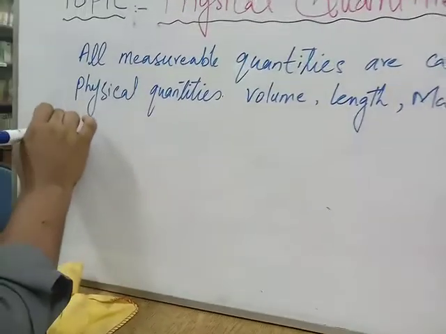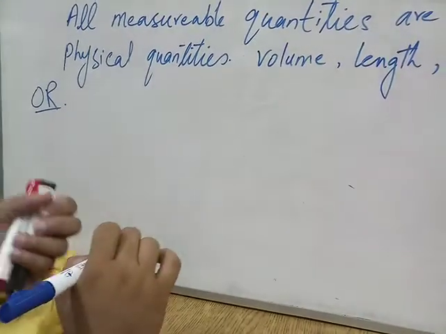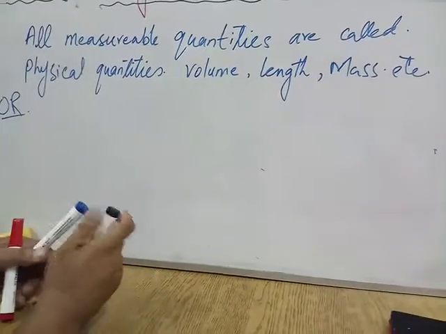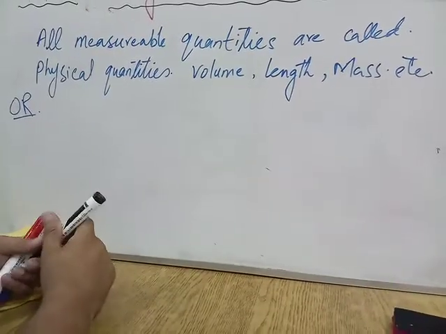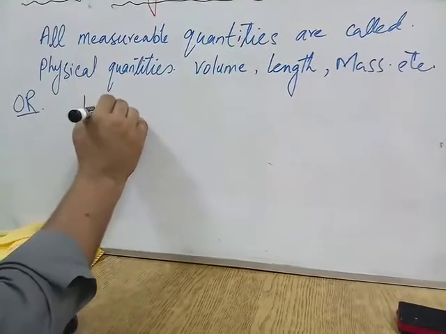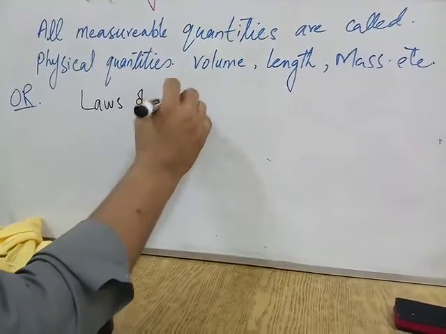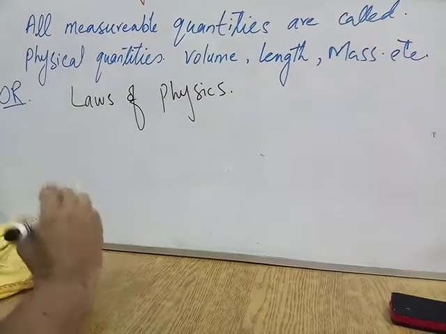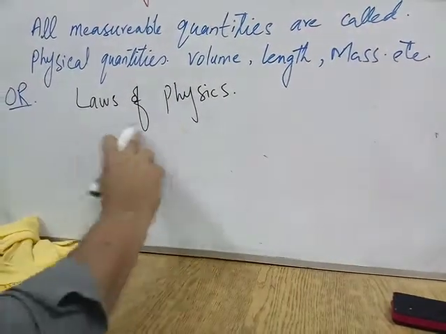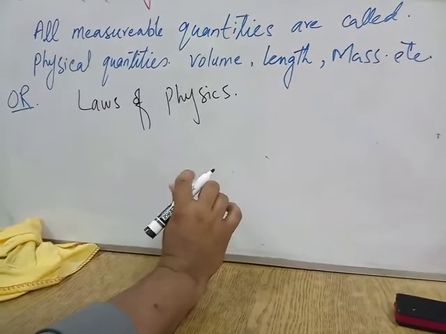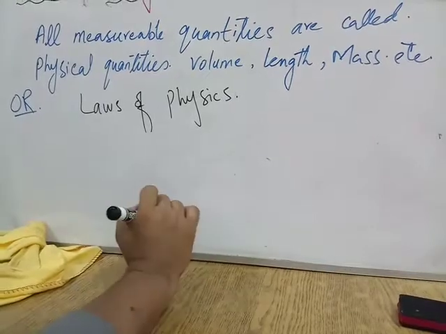The other definition of physical quantity is: those quantities in terms of which the laws of physics are applicable are also called physical quantities.